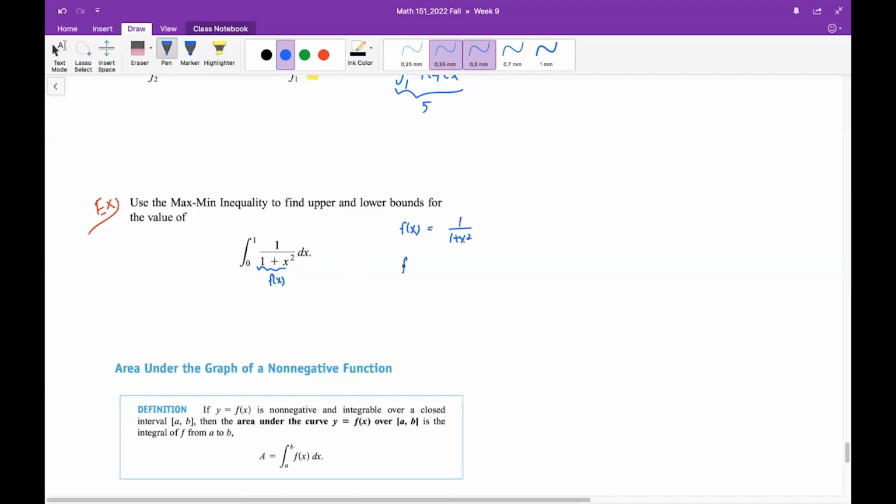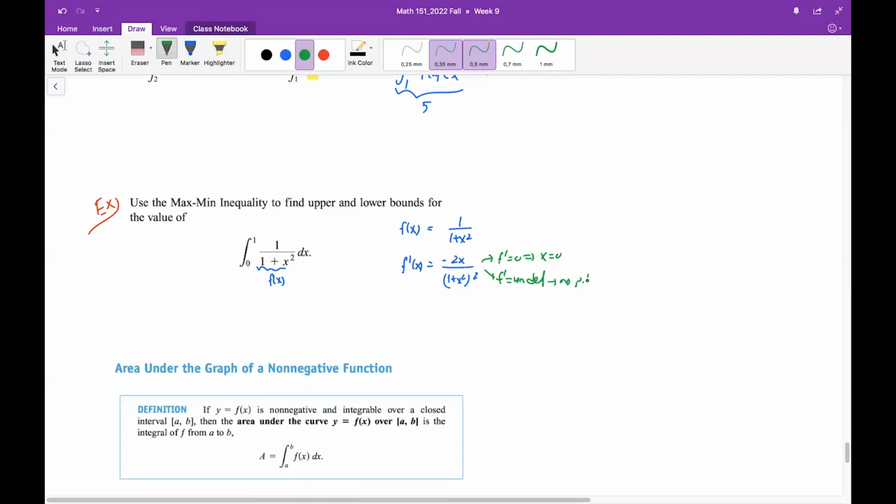How do you find the absolute max? It means you first find the critical points of it, right? Which is minus 2x. This is the first derivative of your function. And the first derivative is 0 when x equals 0. Is there any point where the first derivative is undefined? No, there is no such point.